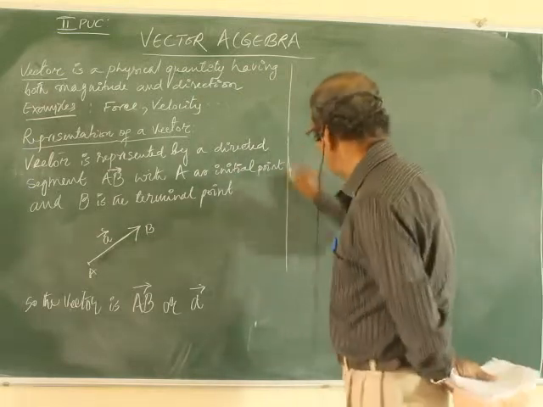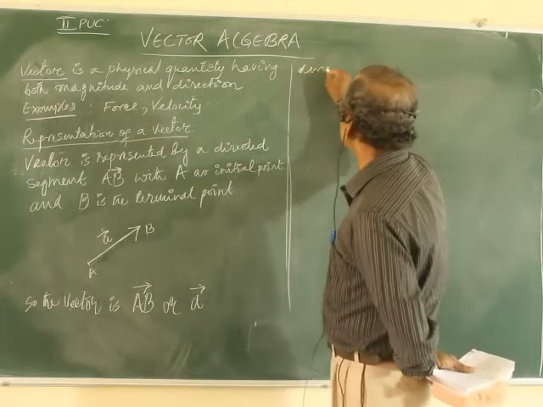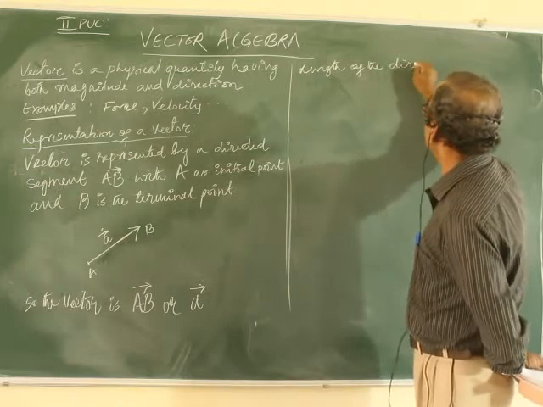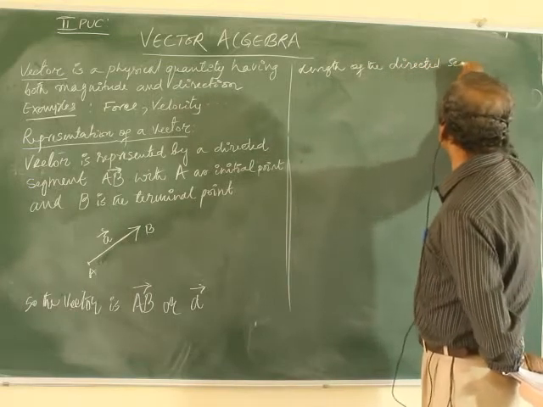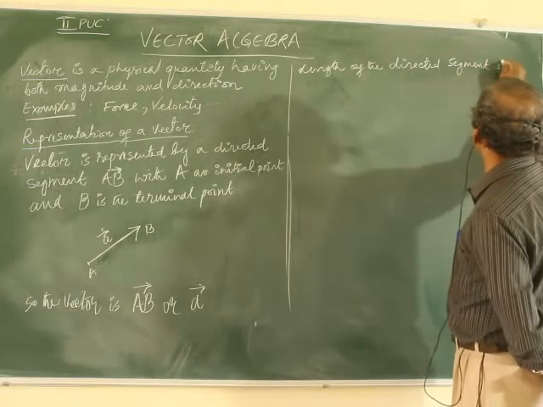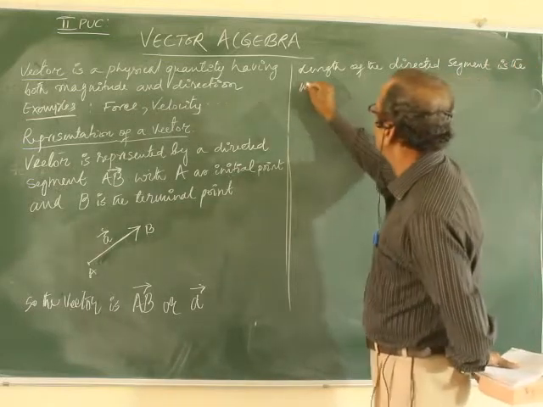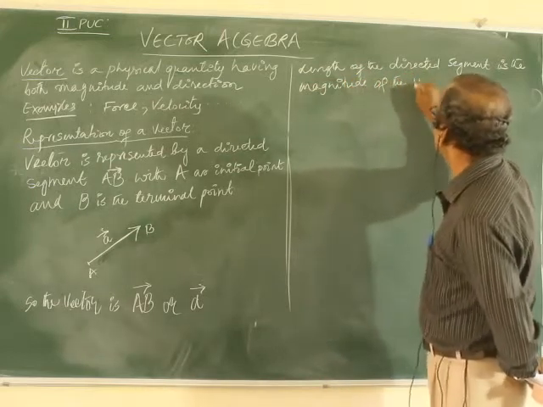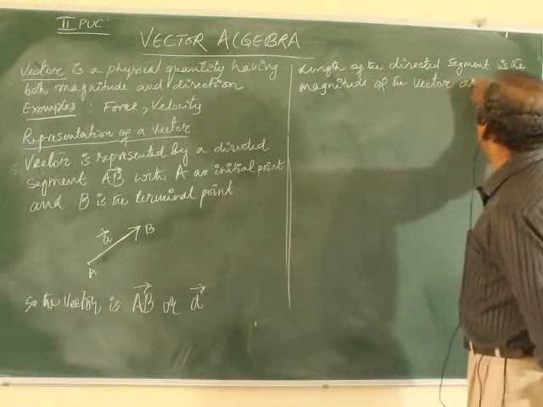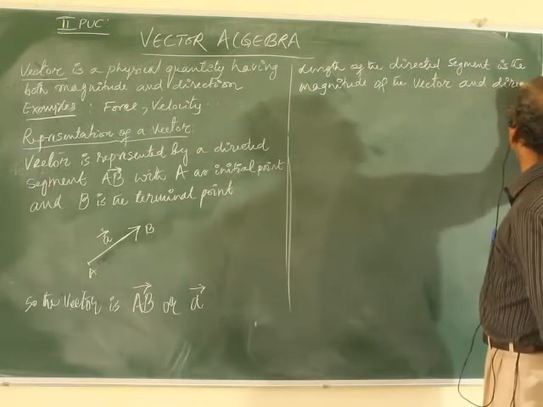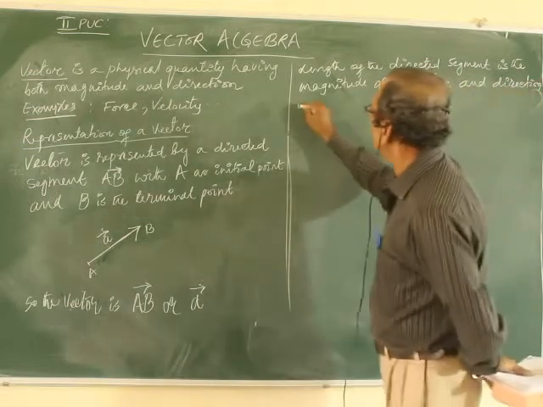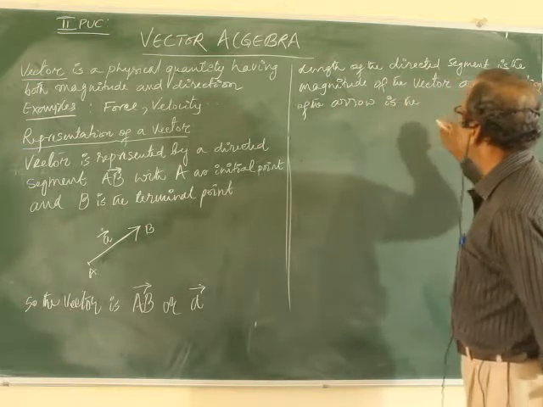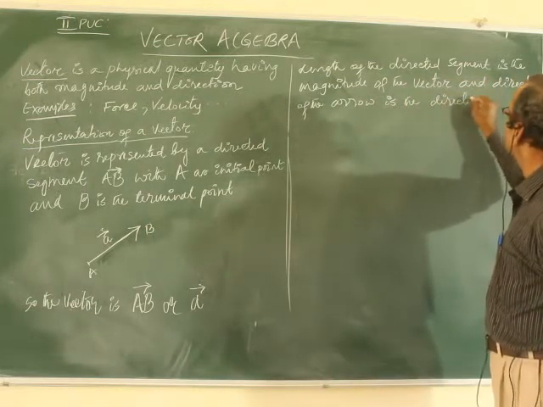Right? Now, the length of the directed segment is the magnitude of the vector, and the direction of the arrow is the direction of the vector.